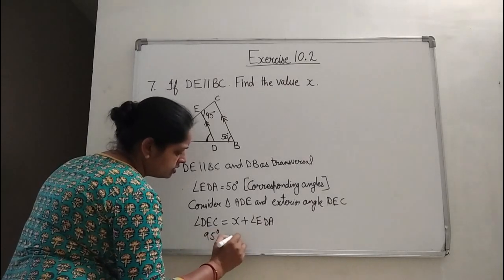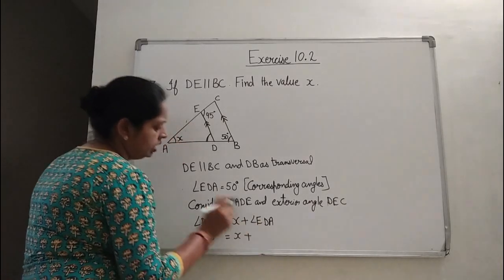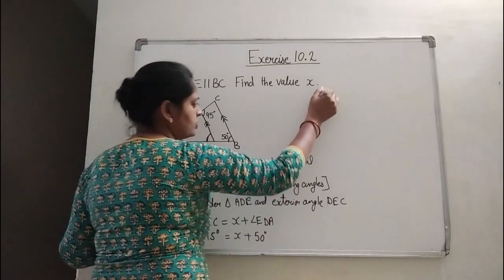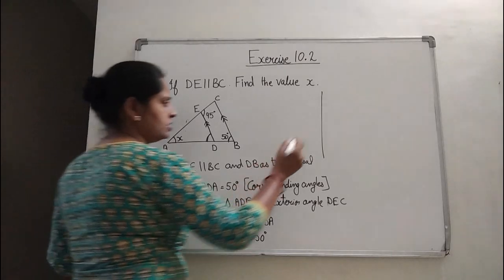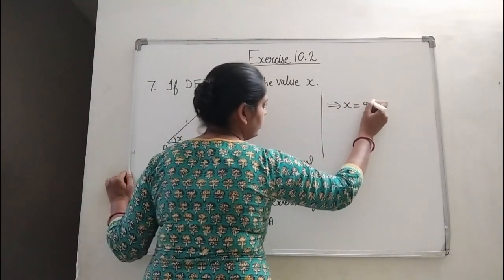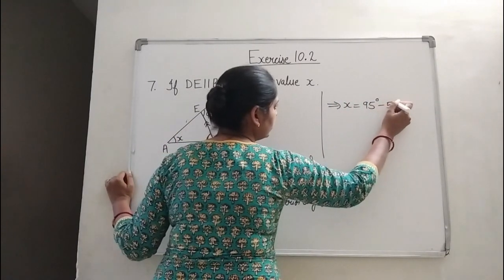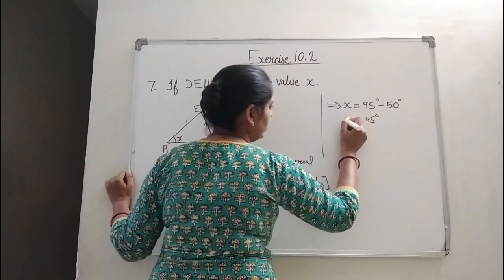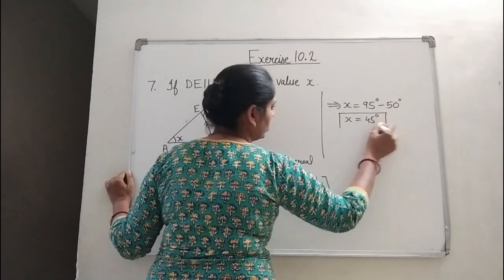So 95 degree is equal to X plus EDA, which we calculated as 50 degree. And hence from here we got X is equal to 95 degree minus 50 degree, that will be 45 degree. Hence we got the value of X as 45 degree.